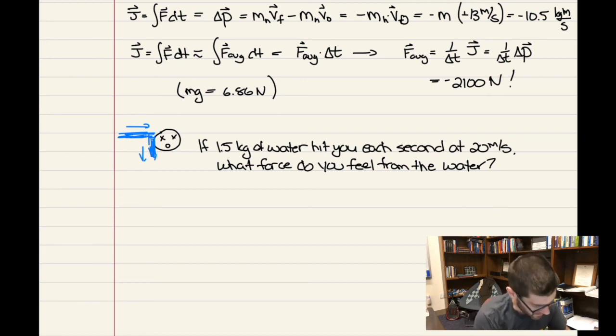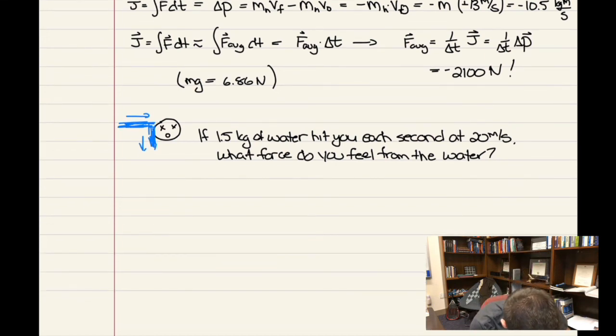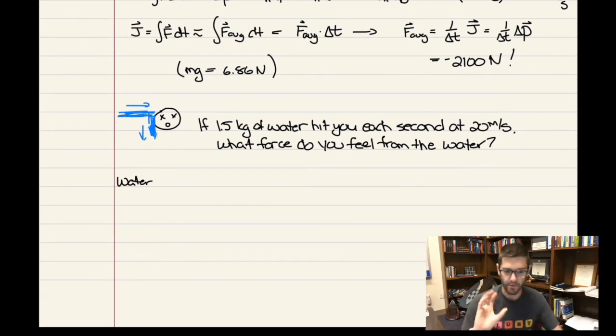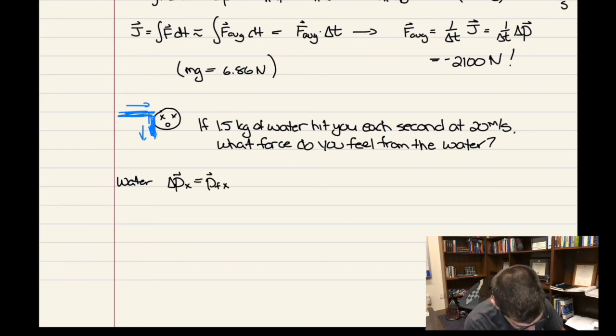So we could start by looking at the water. The water has some horizontal momentum coming in, but then it loses all of its horizontal momentum. So the delta P in the horizontal direction is the final momentum in the horizontal direction minus the initial momentum in the horizontal direction.